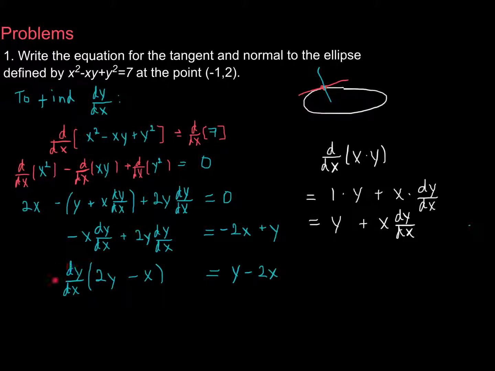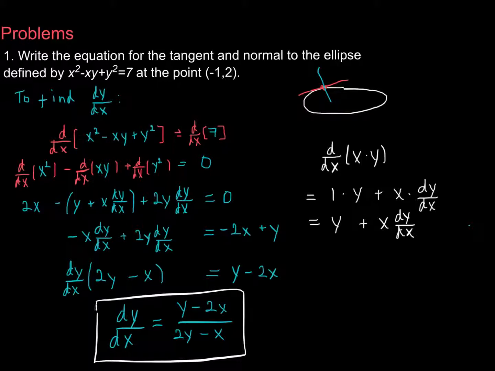I factor out this derivative of y with respect to x, and I'm left with dy dx times 2y minus x. I just rearranged the terms, and over here I rearranged the terms as well. I have y minus 2x. I can now divide to solve for dy dx. So dividing both sides by 2y minus x gives me my derivative of y with respect to x.